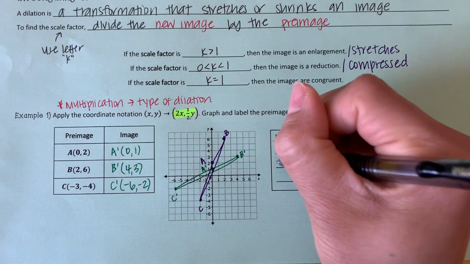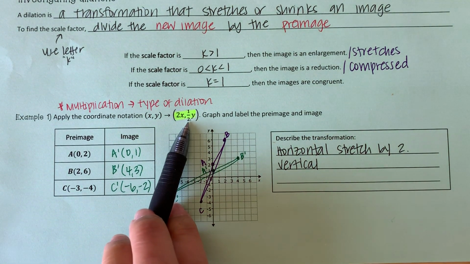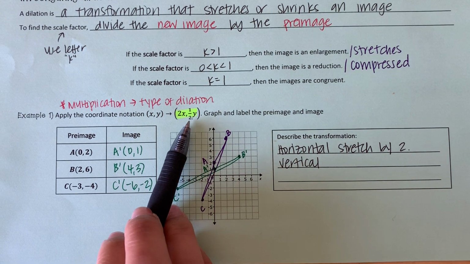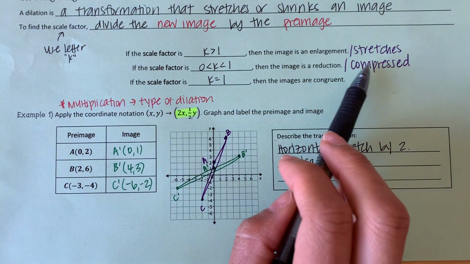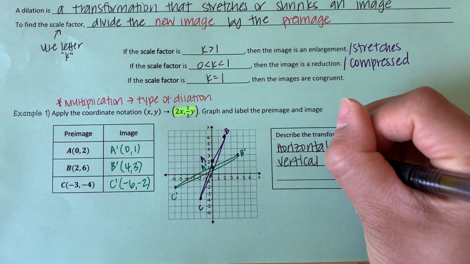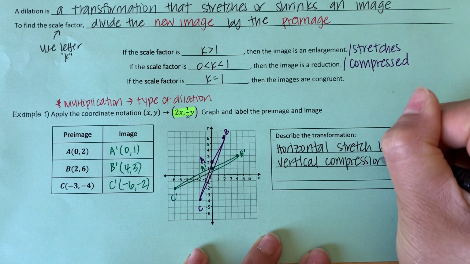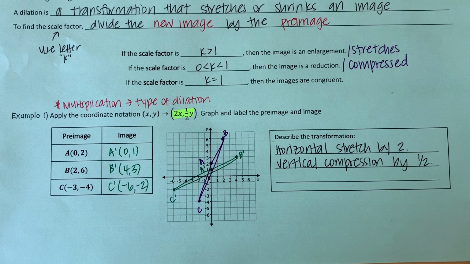We're going to talk about our vertical. Now, for our scale factor here, our scale factor is 1/2 for the y. So if it's between 0 and 1, like here, it's 1/2. That means we have a compression. So we have a vertical compression by 1/2. And that's it.